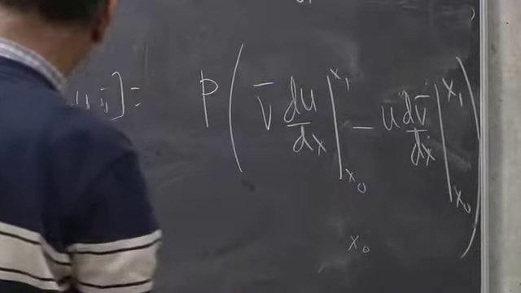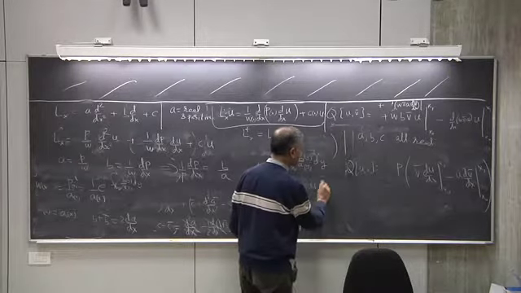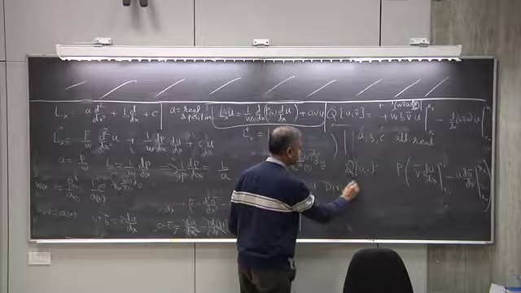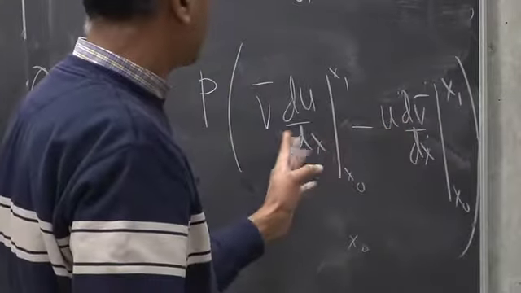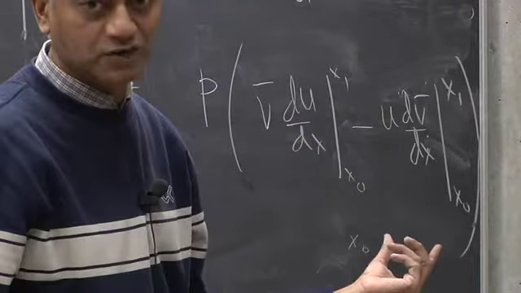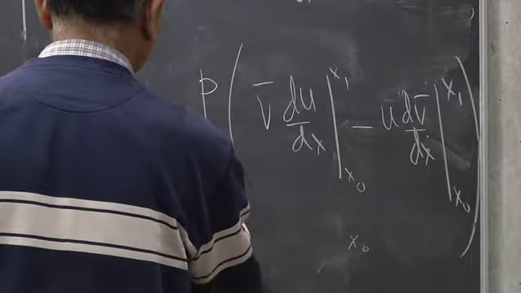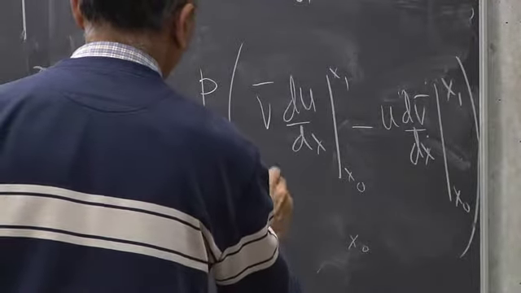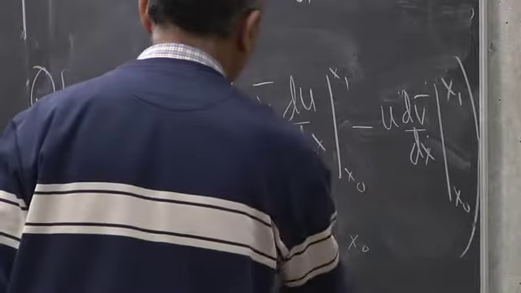Then it becomes much easier, because if u satisfies the Dirichlet boundary condition, then this vanishes. This must vanish for arbitrary du by dx at the endpoints. That can only happen if v is Dirichlet also, meaning it satisfies the Dirichlet condition.